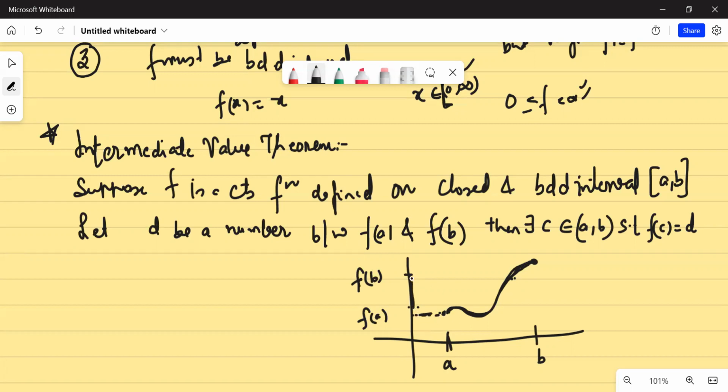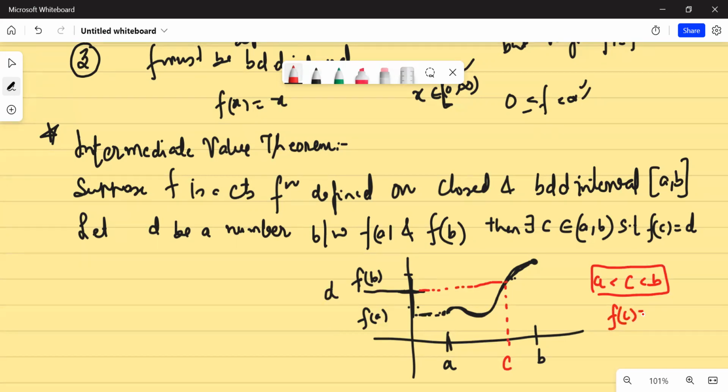Is that clear? And if I say that I'll take a point intermediate of fa and fb, let us say that point is d. Then this d will be attained for some value c, which lies between a and b.